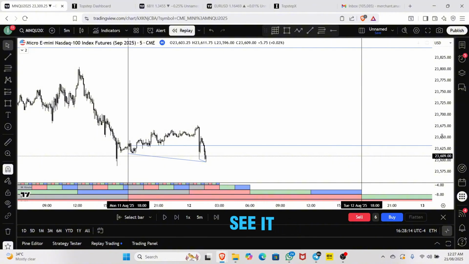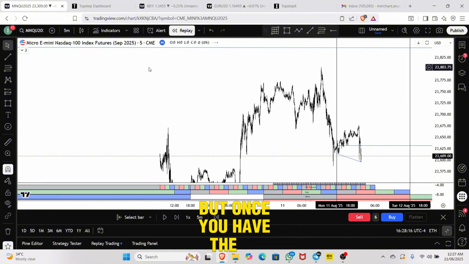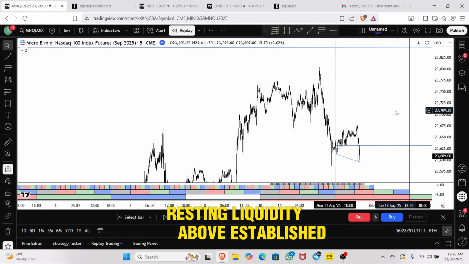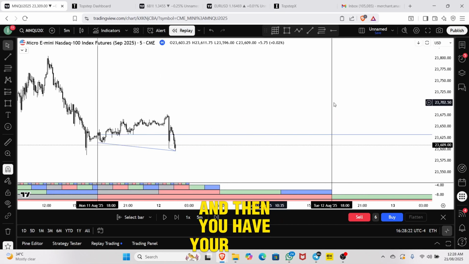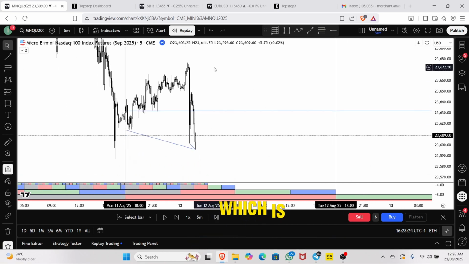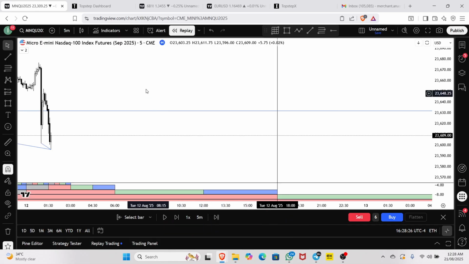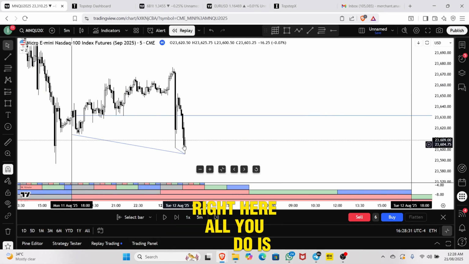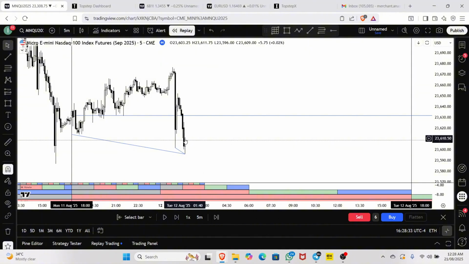You'll see it. But once you have the higher resting liquidity above established, and then you have your narrative being established over here, all you do is, once you see the trade actually unfolding, you take the trade.